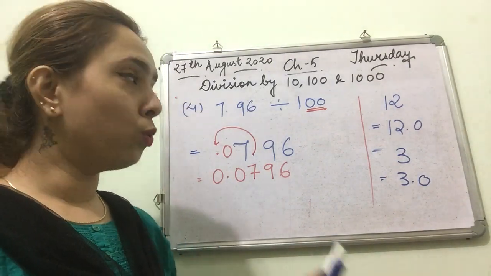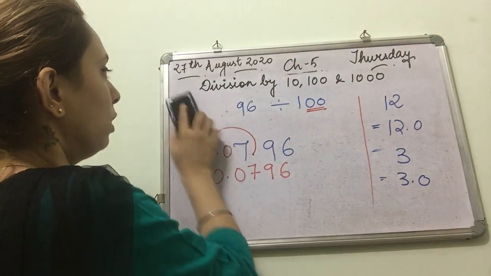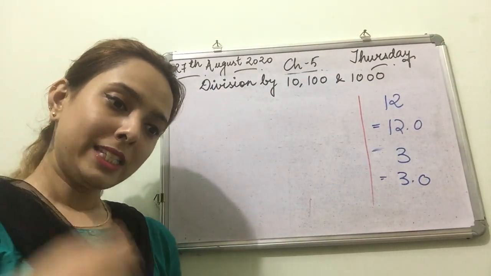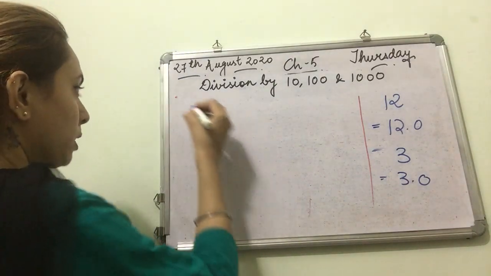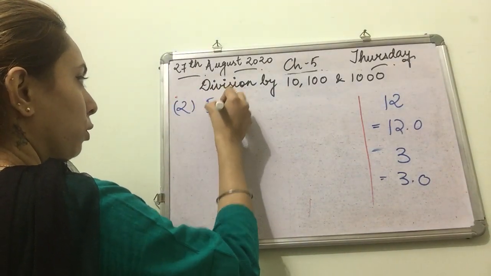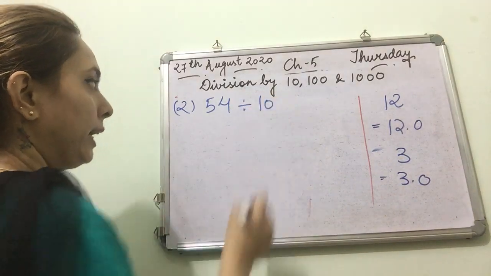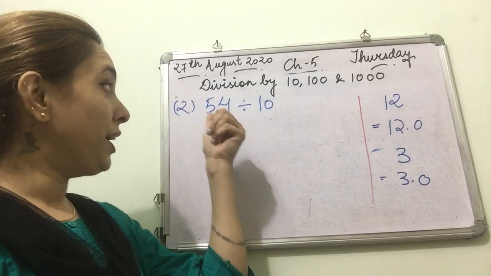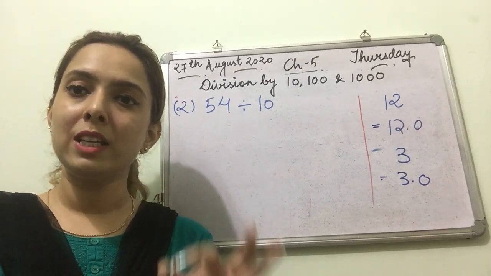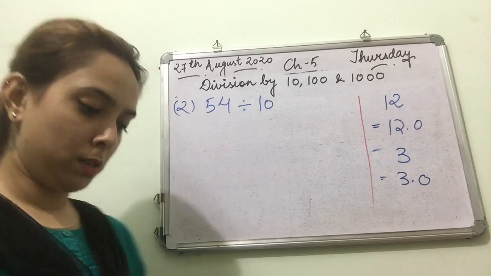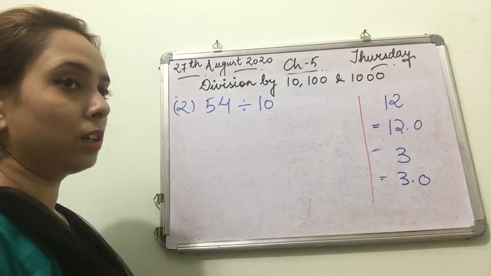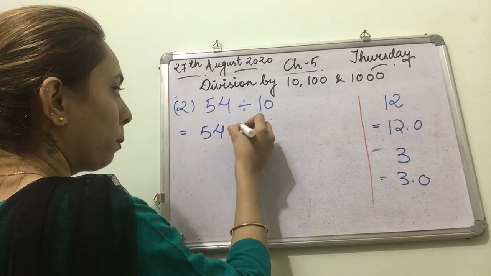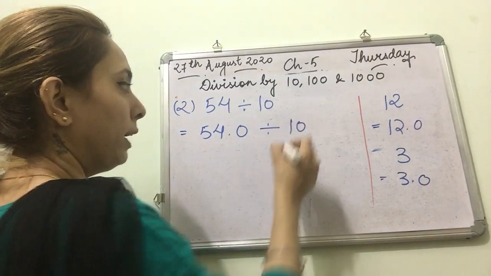I would like to explain one more sum of this whole number from your exercise. Let's take the second sum, 54 divided by 10. Here we don't have a decimal number. As I have told you, the dividend should always be a decimal number. So first I will convert this whole number into a decimal number. It will be 54.0 divided by 10.